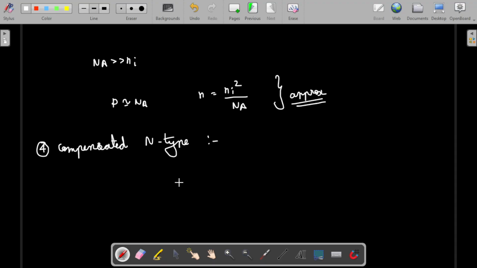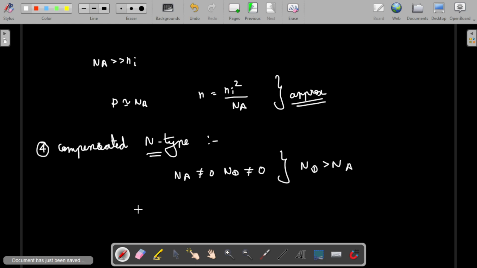There will be acceptor atoms and donor atoms, both present. In this case Nd will be much greater than Na, which is why we take the compensated semiconductor to be n-type. Both impurities are doped and the majority charge carrier is determined by Nd, but Na is also significantly present there.